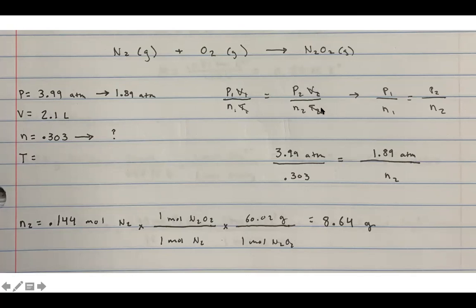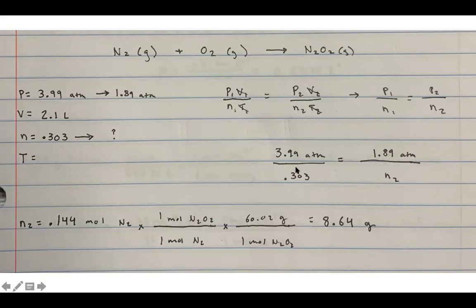It's important to simplify this expression. If a variable does not change from V1 to V2, T1 to T2, you cross them out, because they're the same on both sides. It doesn't matter their value. It just complicates your expression. Here our volume and temperature don't change, so I cross them out. This simplifies our expression to P1 over N1 equals P2 over N2.